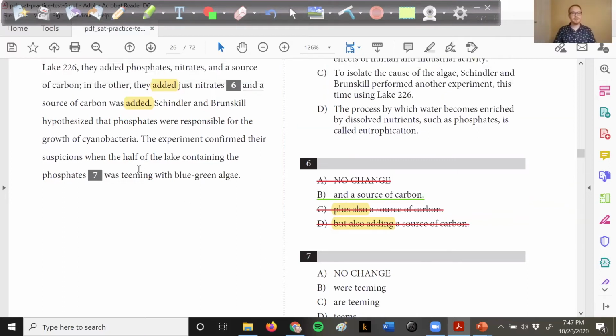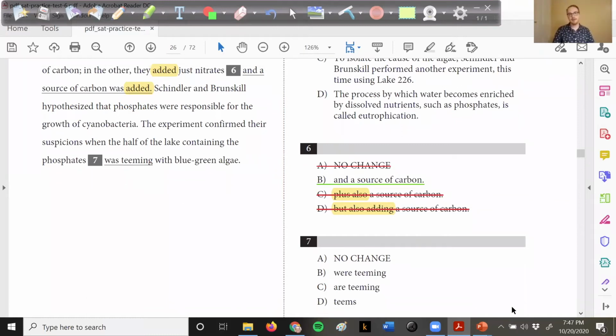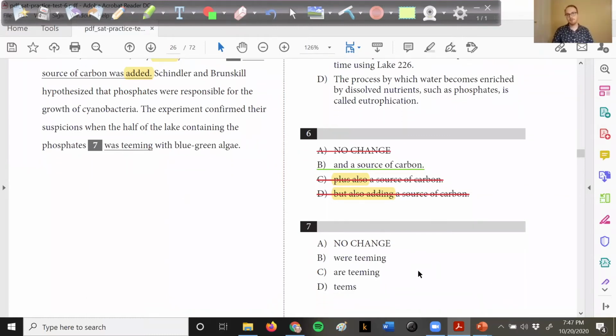But what we're being tested on here is whether there's subject-verb agreement, whether was teeming is correct, or should we be saying were or are, or should we just be saying teems? What we have to do here is go back to our subject. That makes sense, right? Subject, verb, agreement. What does this verb actually refer to? What was teeming?